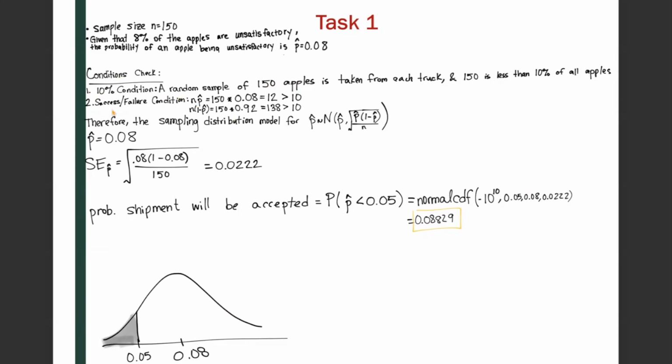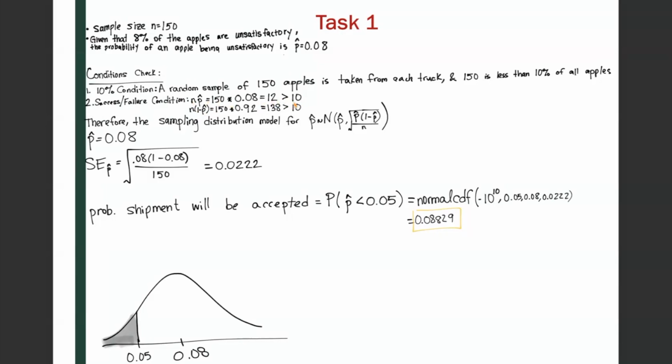And then two, the success-failure condition. The success is the sample size times the probability of success, and then the failure condition is the sample size multiplied by 1 minus the probability of success, which is the probability of failure. So here, n times p would be 150 times 0.08, which equals 12, and that's greater than 10.